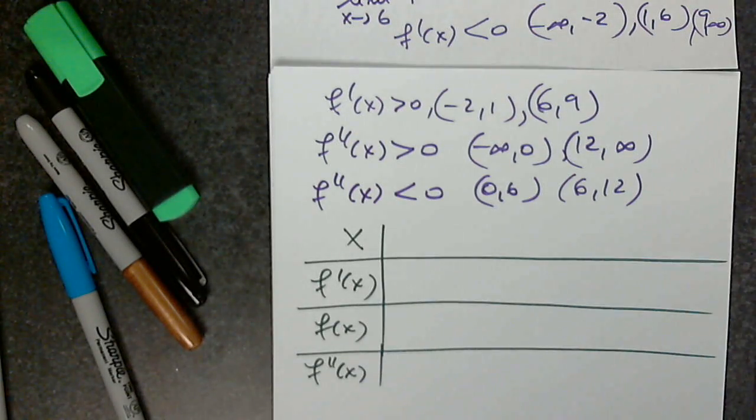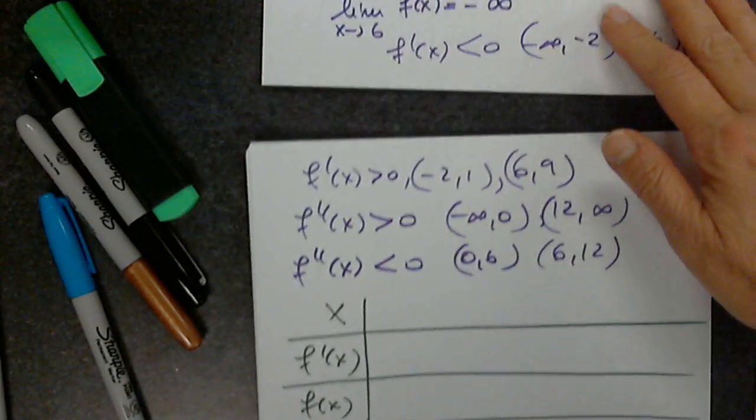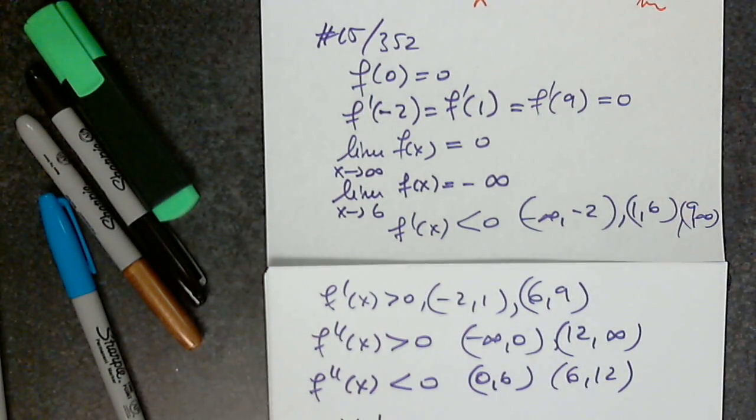Okay. Now I would like to identify the x values that mean anything to this problem. What are the x values that you will put in the table? Because you're not going to put 15. There's nothing about 15 here. So what numbers are important for this function?